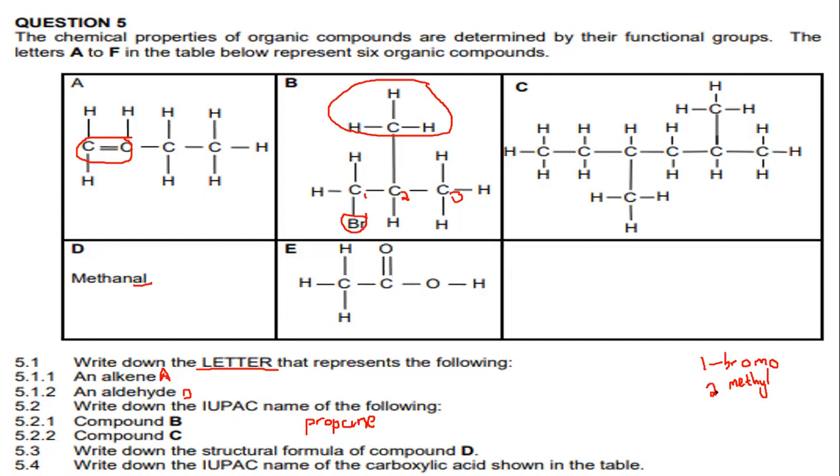So I'll say 2 and I'll put a hyphen. Then to give the full name, because it's a long name, remember I started this side with the parent chain, which was propane.